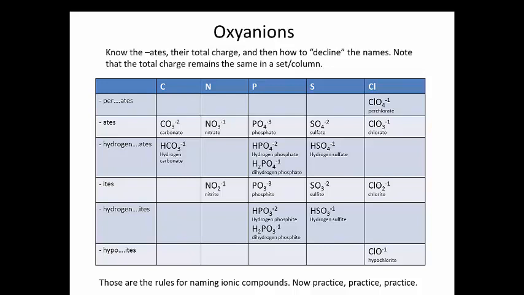Now you might notice that I don't have an entry for adding an H plus to nitrate, for example, or an H plus to chlorate. Can you think of why? It's because if I were to add an H plus to the minus 1 oxyanions, it would now become a neutral molecule. And it wouldn't be on my table as an oxyanion anymore.